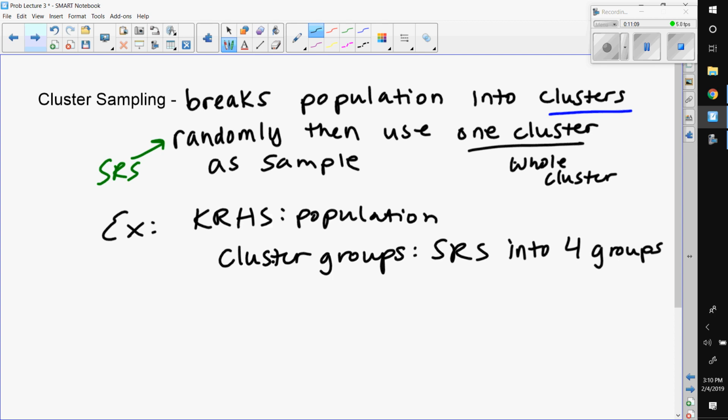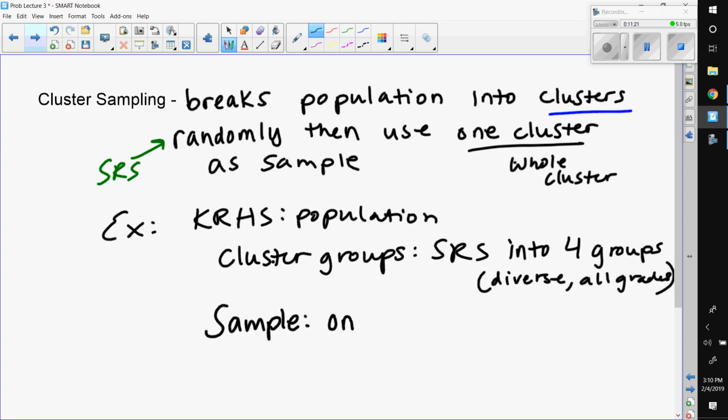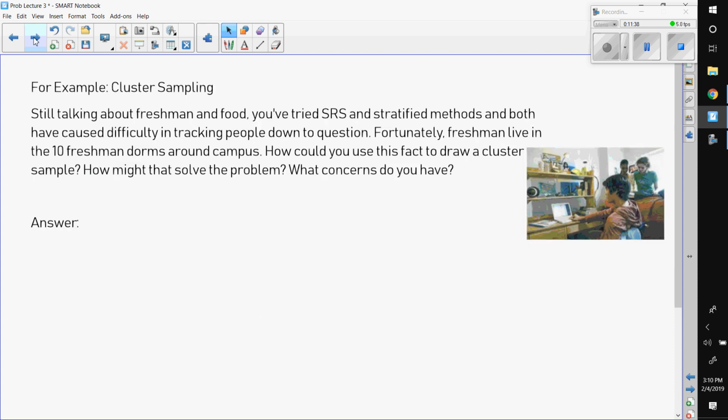And these are going to be very diverse, all grades. And then our sample would just be one cluster. Okay, so that's how it differs from the stratified: the groups are random, not the sample. The sample is just one full group.